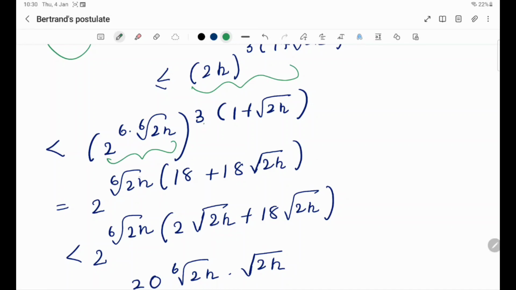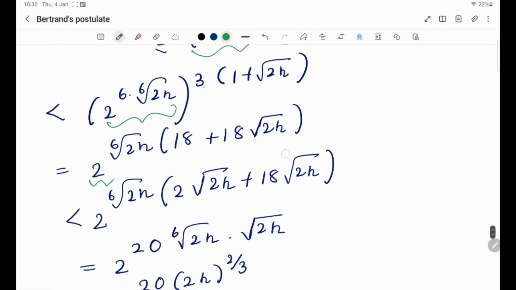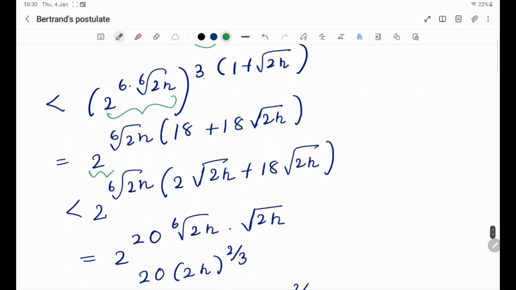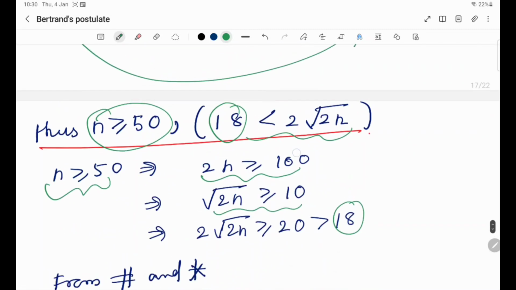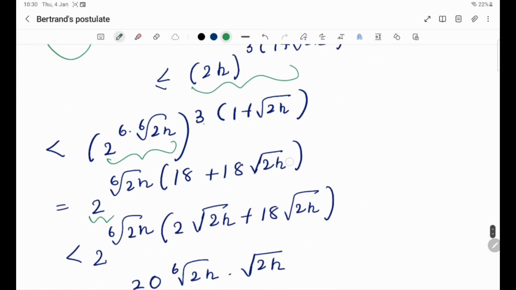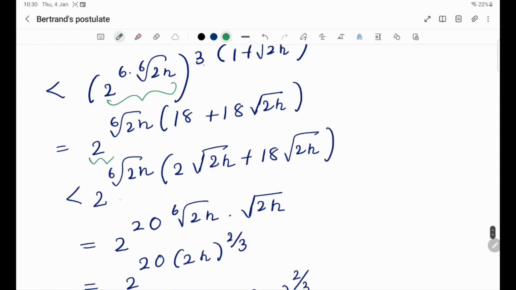Then when you manipulate, you will get 2 power 6 root 2n. Multiply inside: 18 plus 18 root 2n. Now 18 is less than 2 times root 2n, right? So you replace that here. So then you get it is less than this.